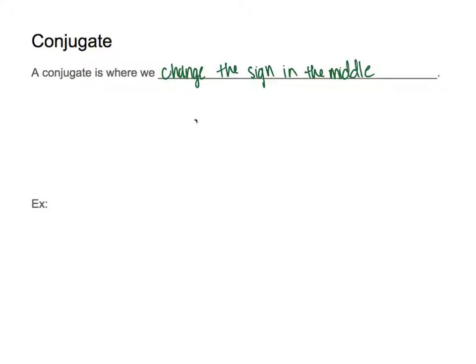So if I have something like A plus Bi, and I wanted the conjugate, that would be the same number and the same imaginary number, but just the sign in the middle is flipped. So the first expression here is the conjugate of the second, and A minus Bi is the conjugate of the top.